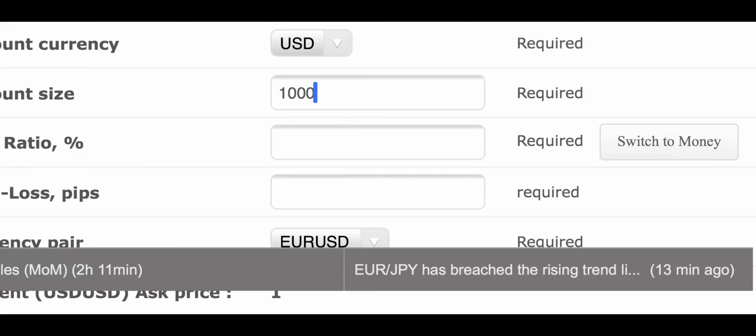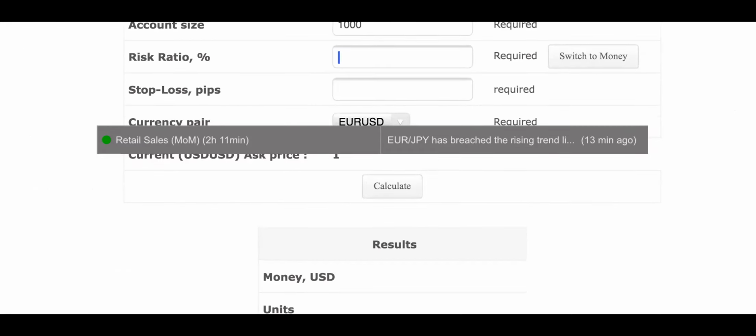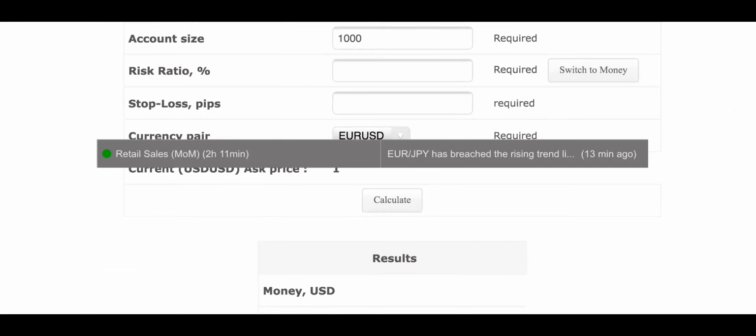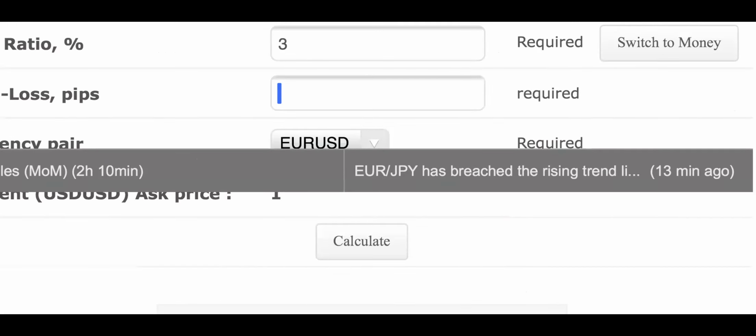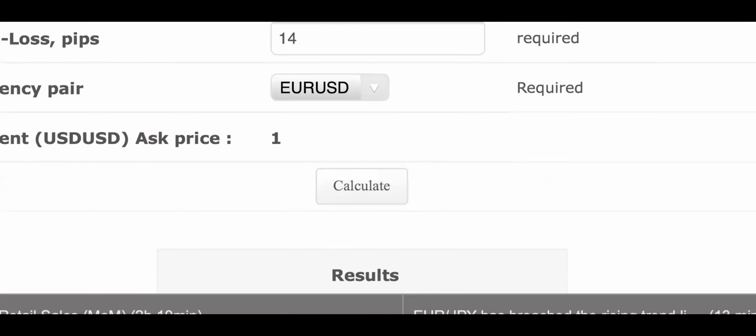And then your ratio basically is saying how much you want to risk on a trade. So like I said, 1 to 3%. So I'm going to do 3%. And then your stop loss in pips, let's just say 14. And then the currency pair, let's leave it at EUR/USD. And then you're going to calculate.